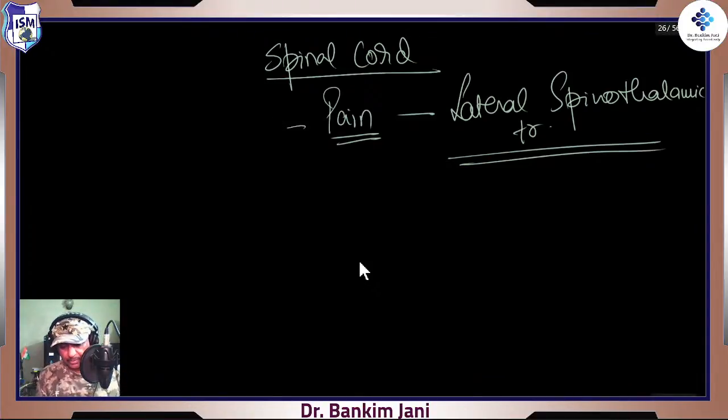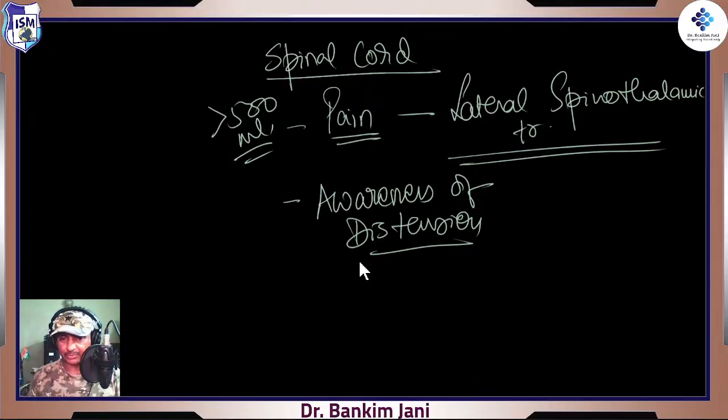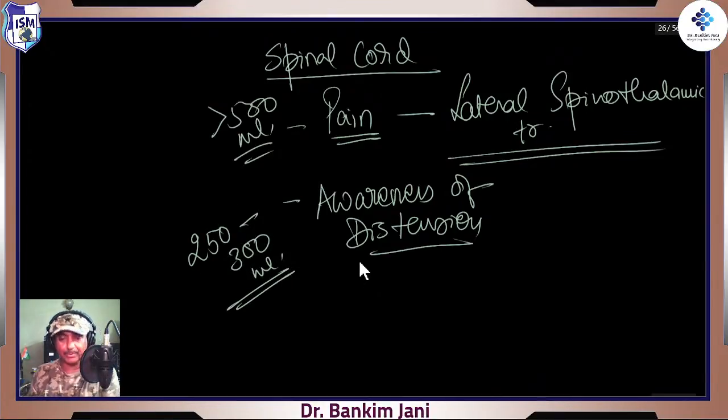But what about the awareness of distension? When the accumulation is more than 500 ml, it is the lateral spinothalamic tract that comes into the picture. But when it is between 250 and 300 ml, that's where, if we are sitting in a bus, we start watching when the bus is going to stop, because the sensations are going via the posterior column.